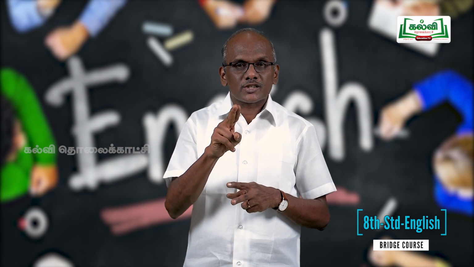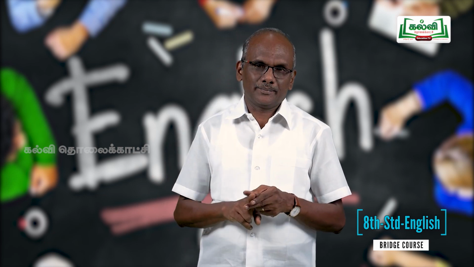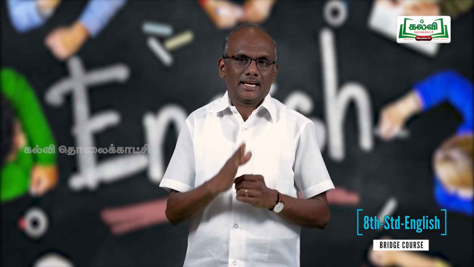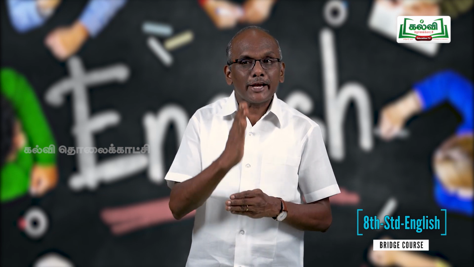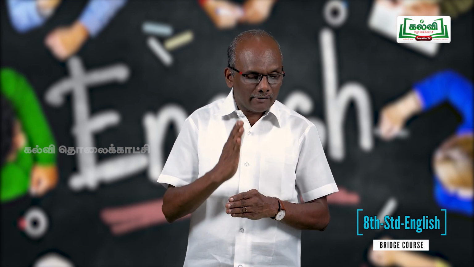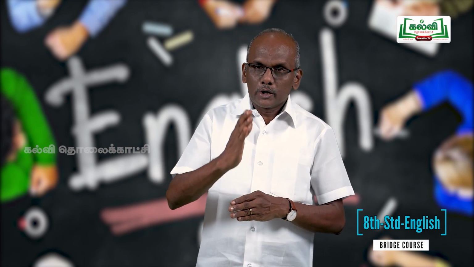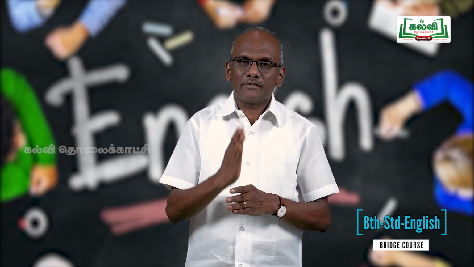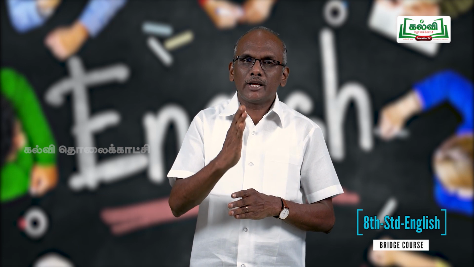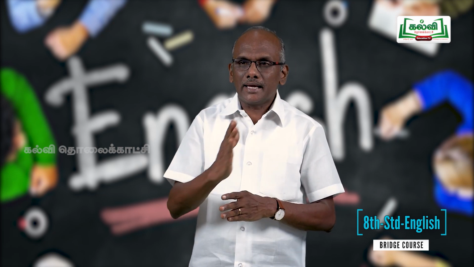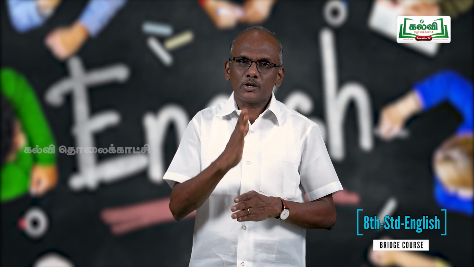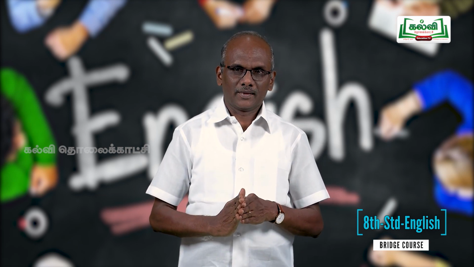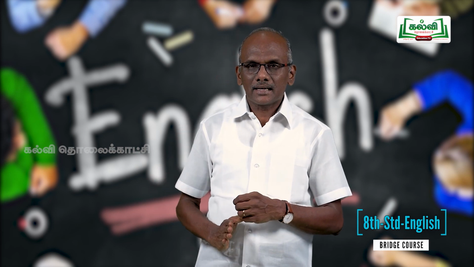Two consonants are together there. Sudden, S-U-D-D-E-N. Here, where to divide? Divide or break the two middle consonants. Here we can divide it here. S-U-D, one syllable. D-E-N, another syllable. So, we divide it in the middle. Sudden. Like that.